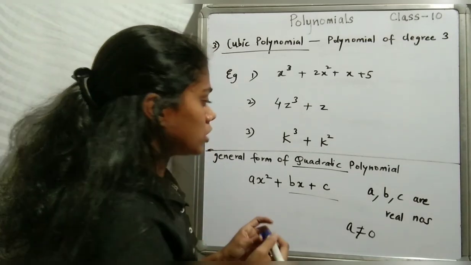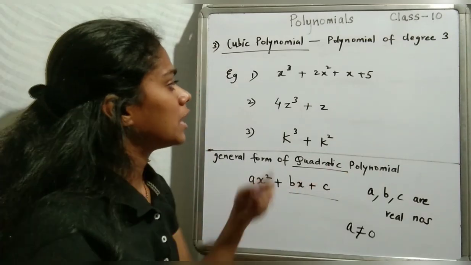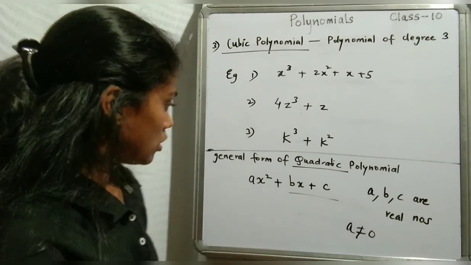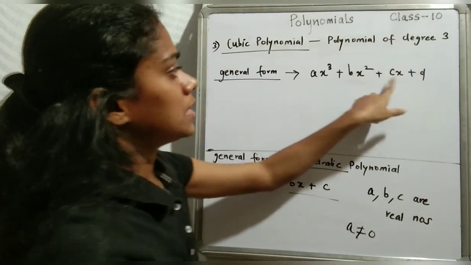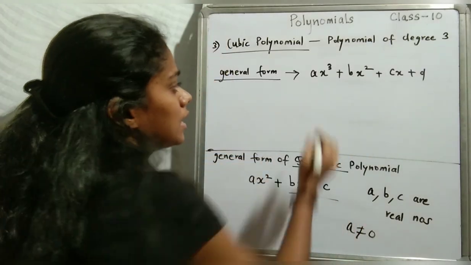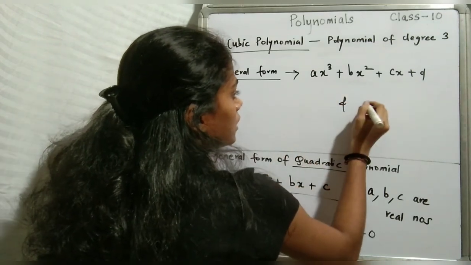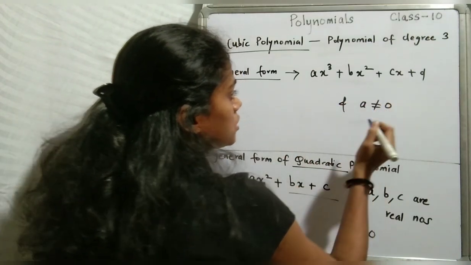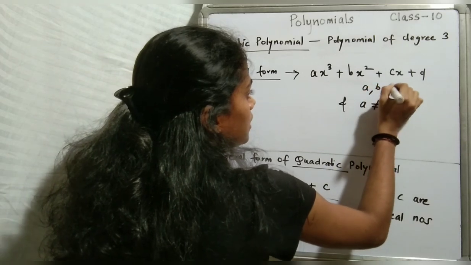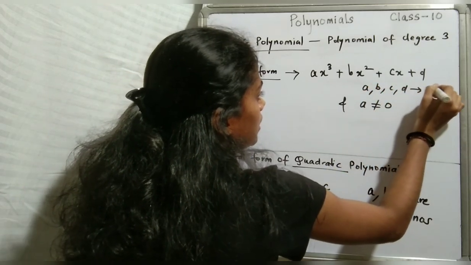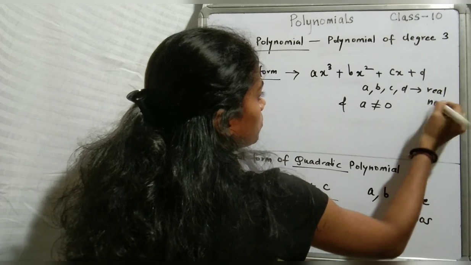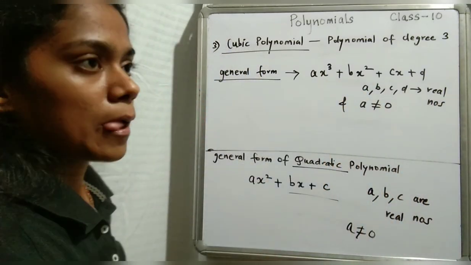Okay, just as we have a general form for quadratic polynomial, we have a general form for cubic polynomial also. So a, b, c, d are all real numbers, and the important condition is a cannot be 0. Why? Same reason.